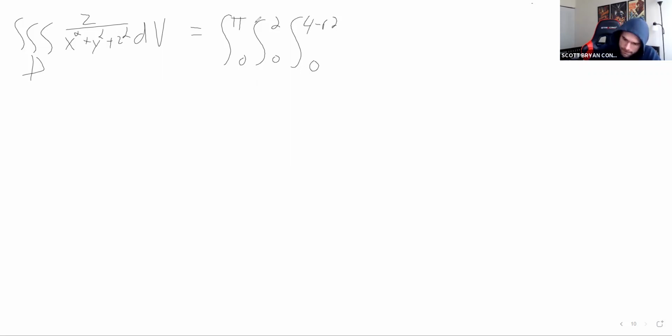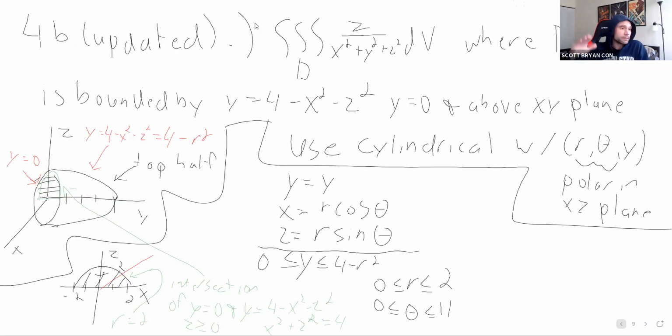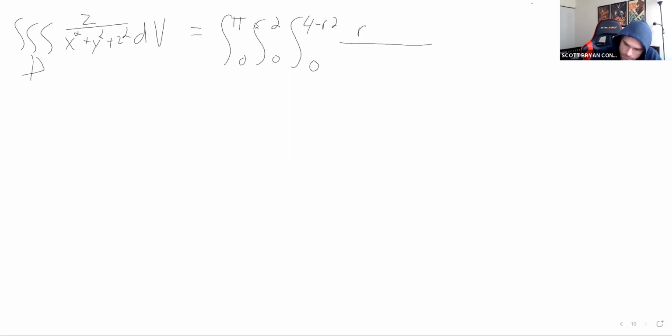Okay, so z is going to be, we said z is r sine theta. It's the vertical guy. X squared plus y squared plus z squared. So y stays y. We have y squared. X squared plus z squared is now r squared.